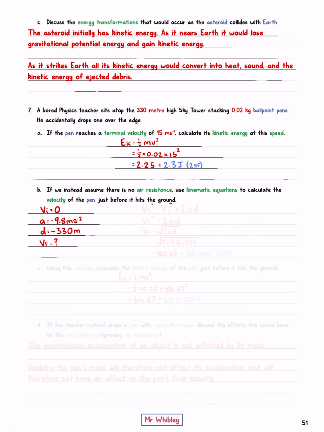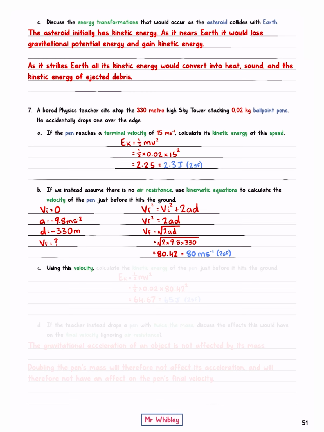For this, we need to use a kinematic equation, where the thing we're not given and we don't care to find is our time, so we choose the one equation without it. Knowing that Vi is 0, this simplifies to Vf squared equals 2AD. Square rooting both sides and putting our numbers in gives me 80.42 or 80 meters per second to two significant figures.